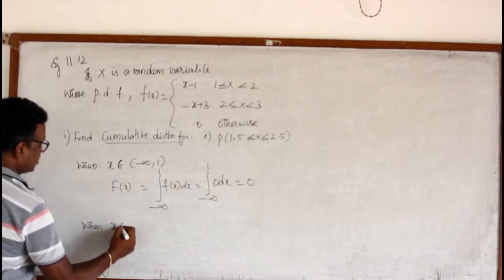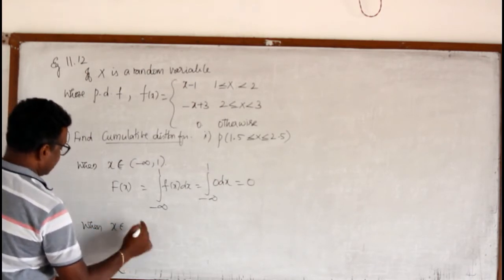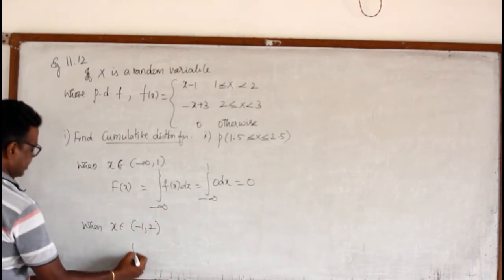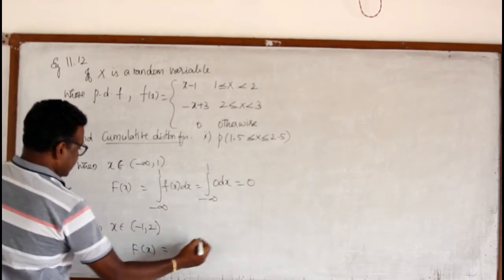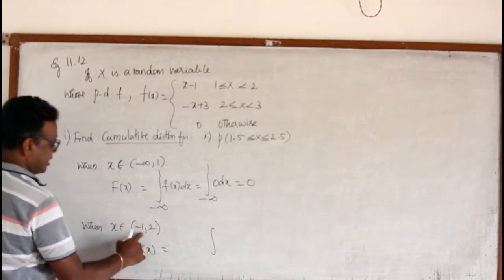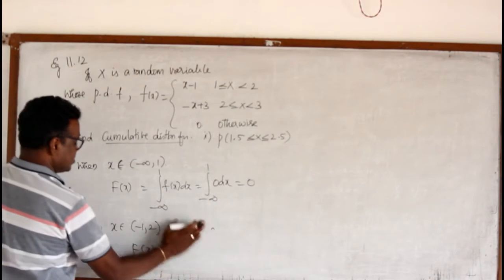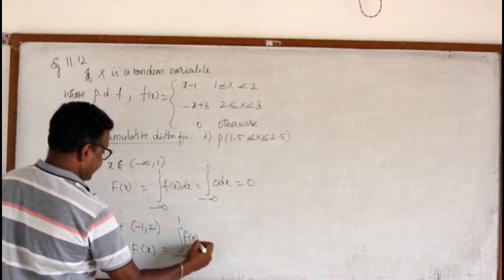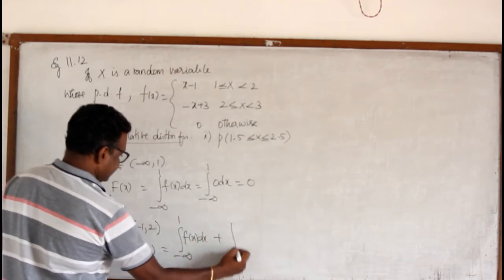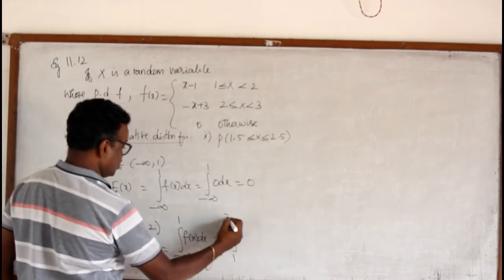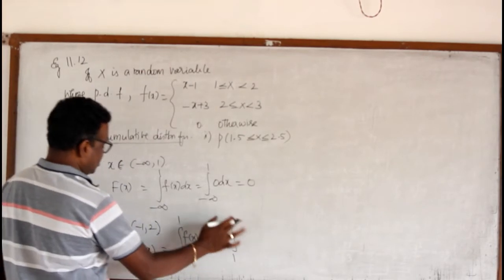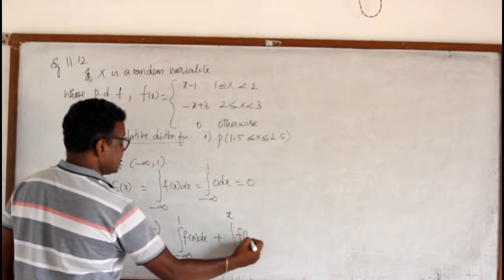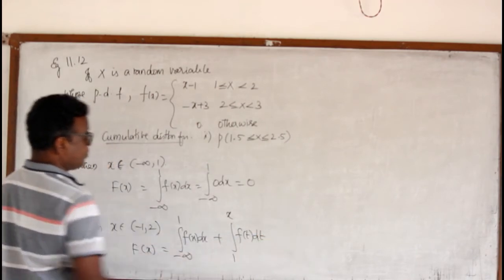Now when x belongs to 1 to 2, either open or close, that's not a matter. Now capital F of x is, I have to express from 1 to 2 and I must add the previous also. So it is the integral from minus infinity to 1 of f of x dx plus the integral from 1 to x, because I have to find out the value of x. So you just write f of t dt.